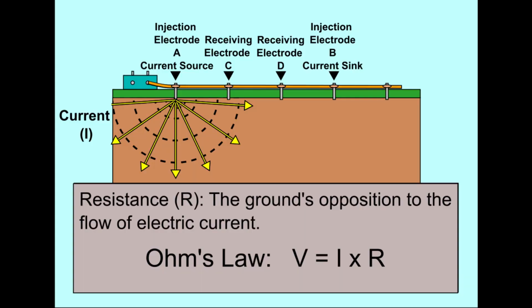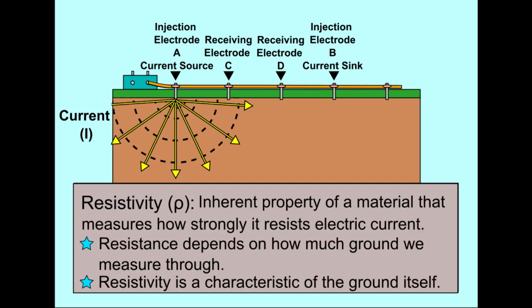Resistance is the ground's opposition to the flow of electric current. Ohm's law shows the relationship between voltage, current, and resistance. Resistance and resistivity aren't the same thing. Resistivity is the inherent property of a material that measures how strongly it resists electric current.